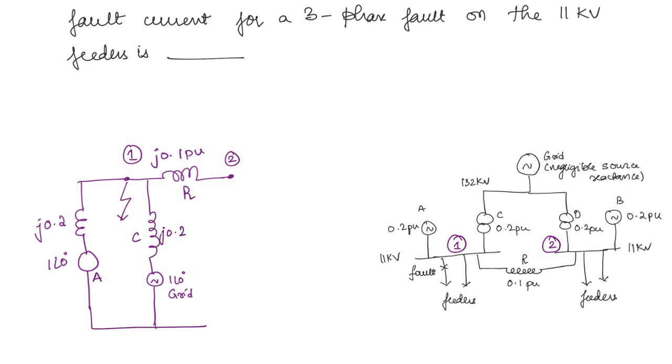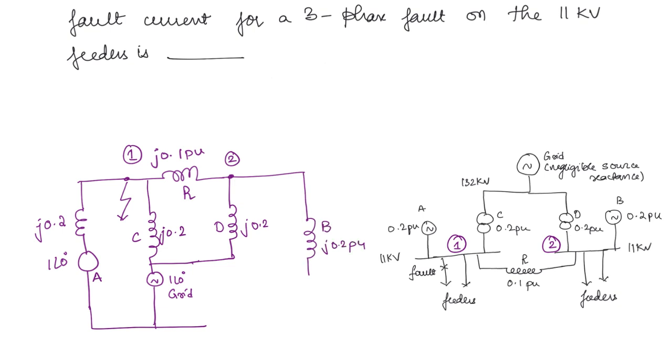Next, from node 2, you have drawn R, and you need to draw D and B. D is connected to the grid again, so you can connect another reactance here, which is D, J 0.2 per unit. Finally, from node 2 to the ground you have another generator B.